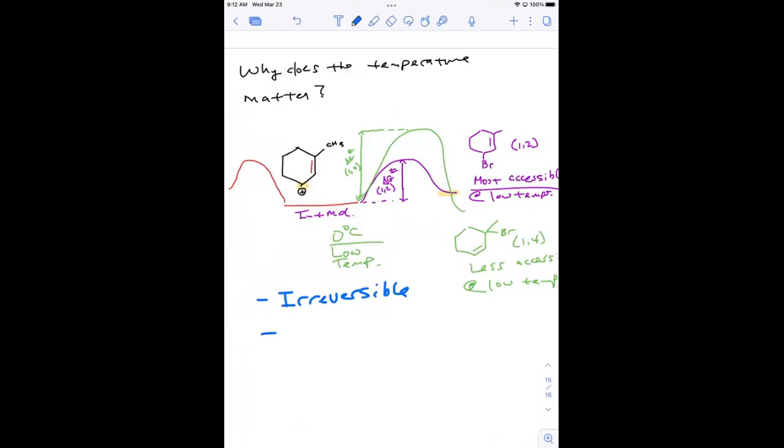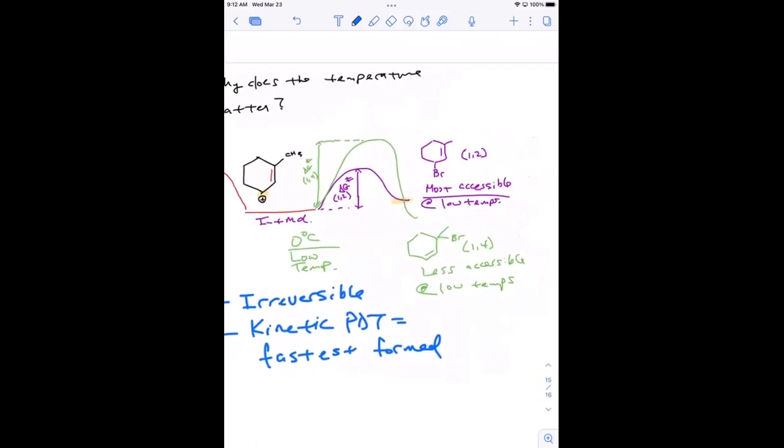And we also said that the kinetic product is just the product that's formed the fastest. And so that's why once you make it, you're stuck. So even though it's a less stable product, which we have shown over here, it is more accessible.